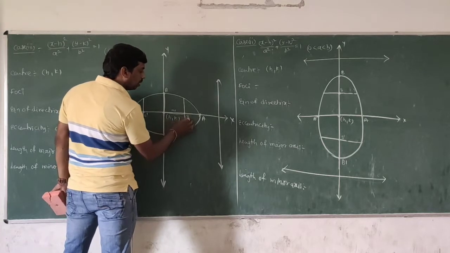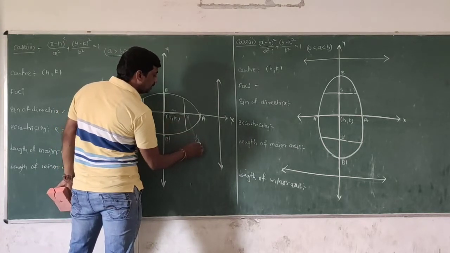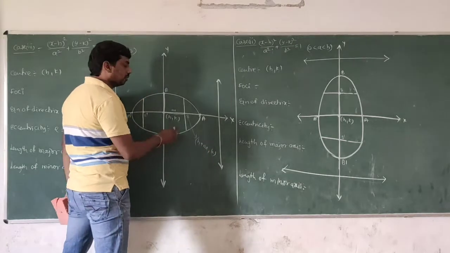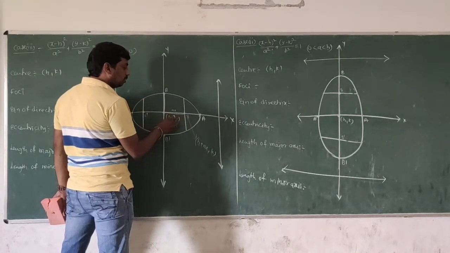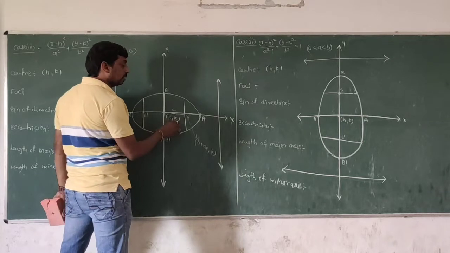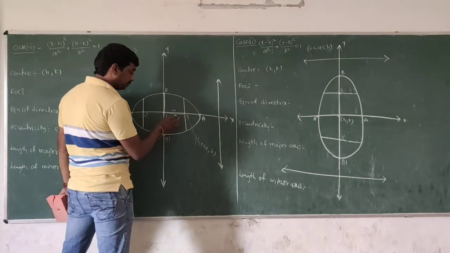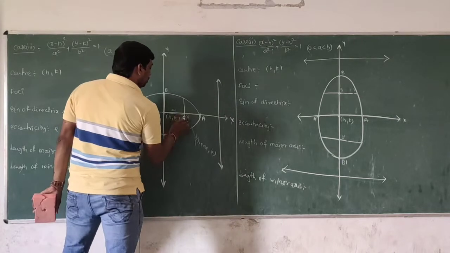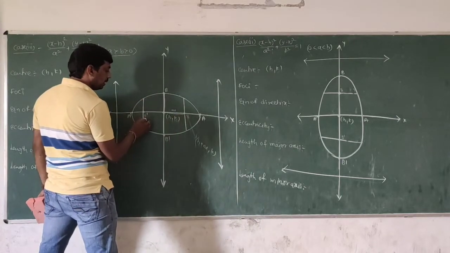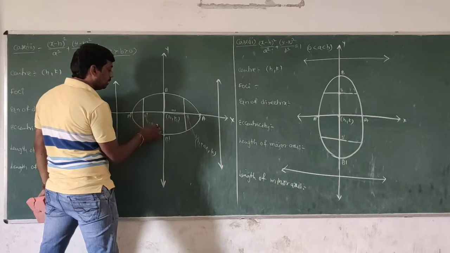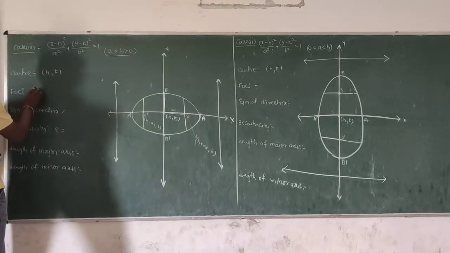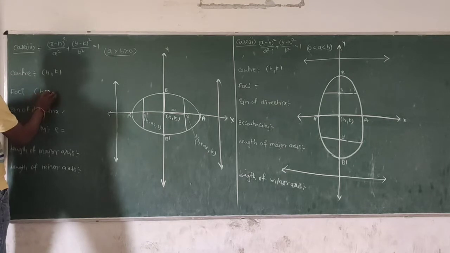That's why the coordinates of S are (h plus ae, k), because there is no change in the y coordinate, so S lies on y equals k. Now S dash is (h minus ae, k). So the foci are (h plus or minus ae, k).